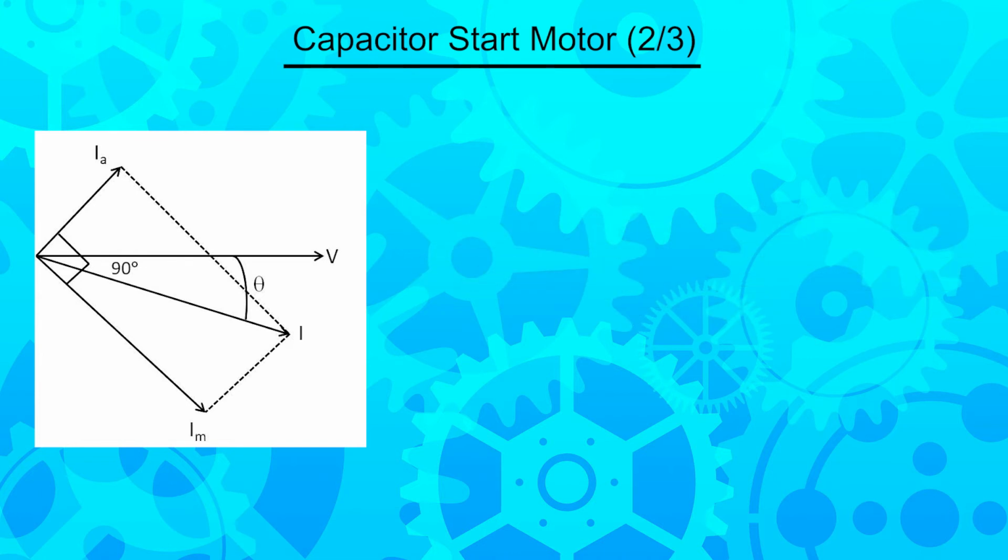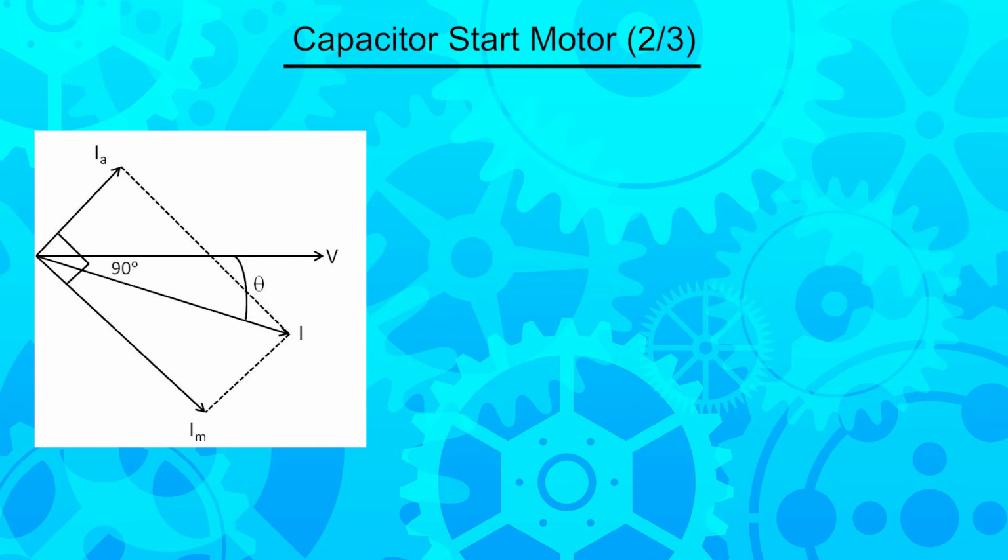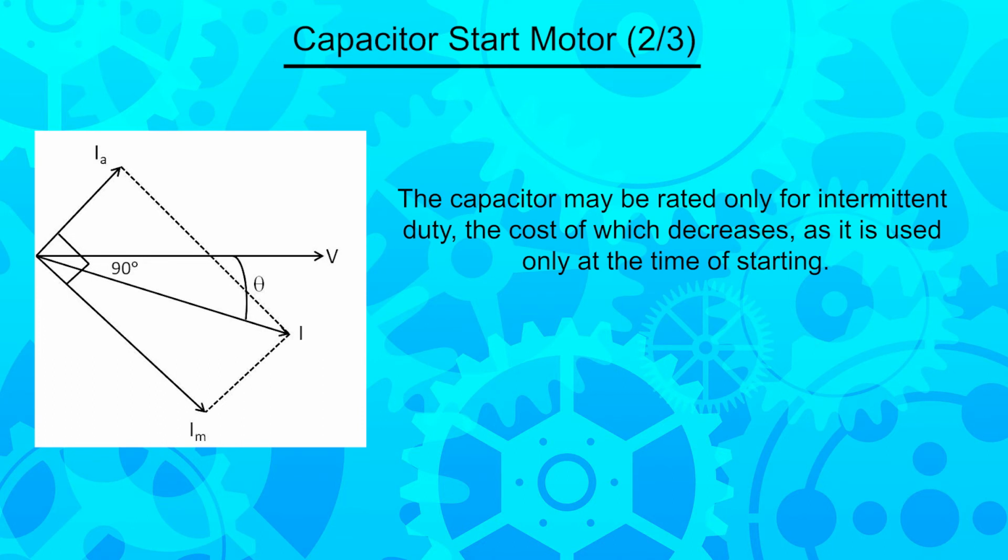As we know, the torque at standstill increases with the increase in phase difference between the two currents. So, we have increased the phase difference between the two currents and the torque will increase. The capacitor is rated only for intermittent duty, so its cost decreases, as we use it only at the time of starting and disconnect it when the motor starts running.